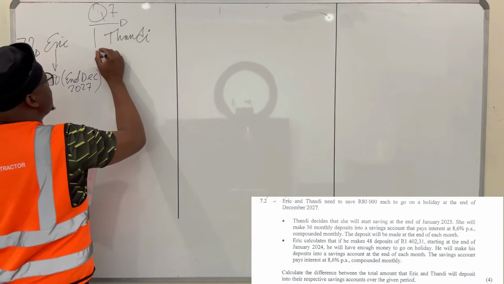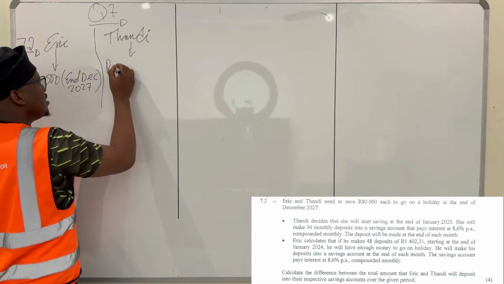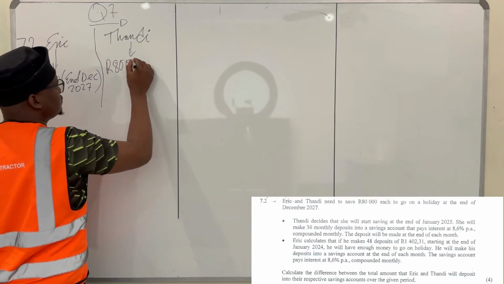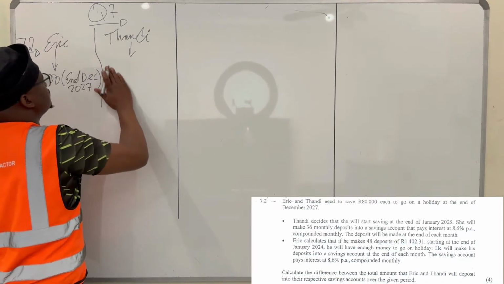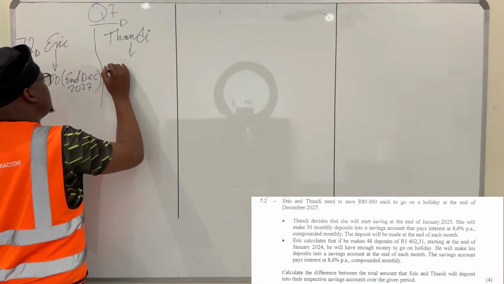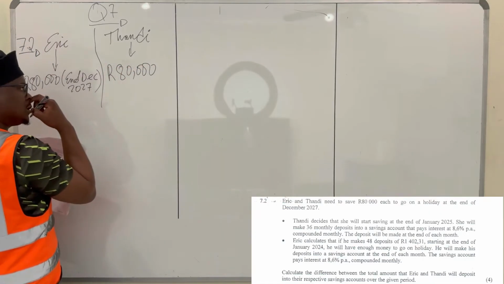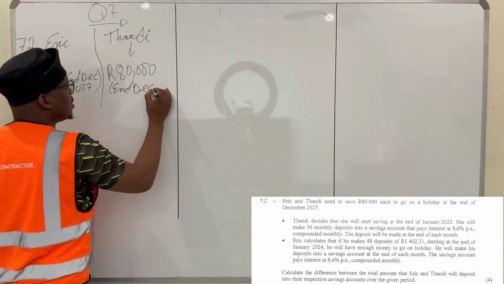And we have Tandy here. Even Tandy needs her own 80,000. So with Tandy, now Tandy needs her own 80,000. When does she need it? She also needs it at the end of December 2027.